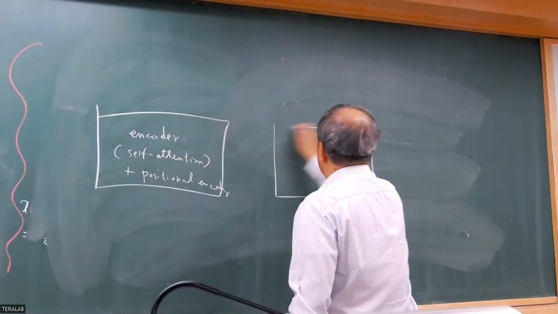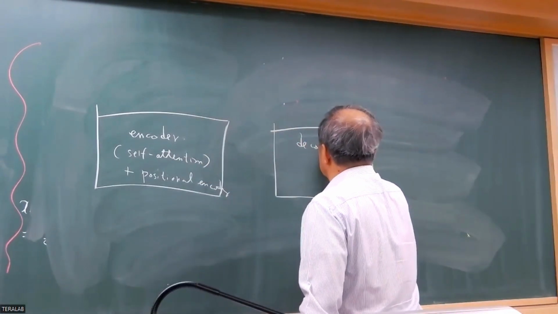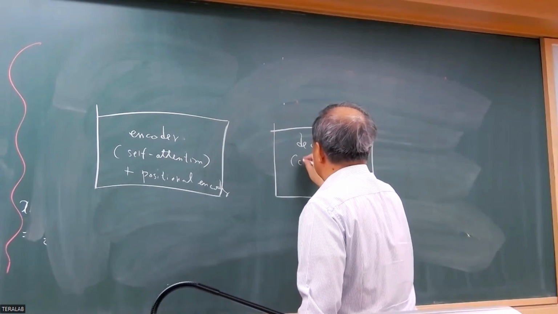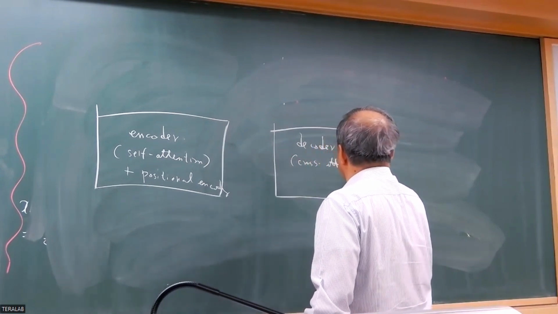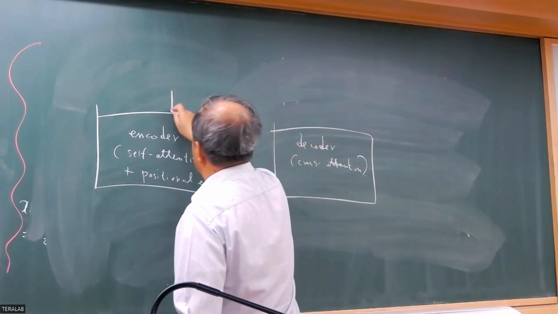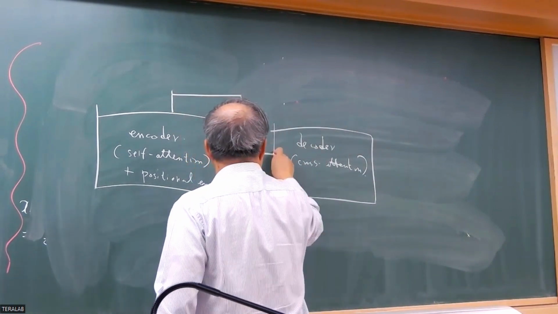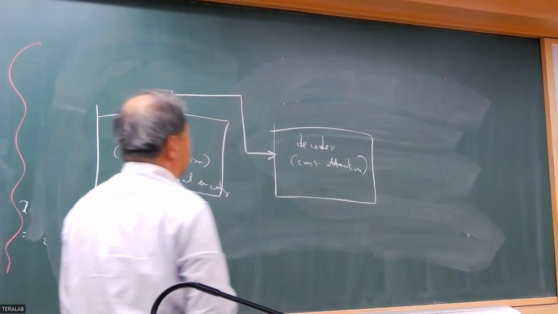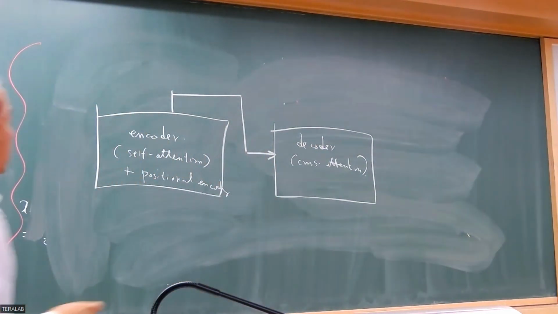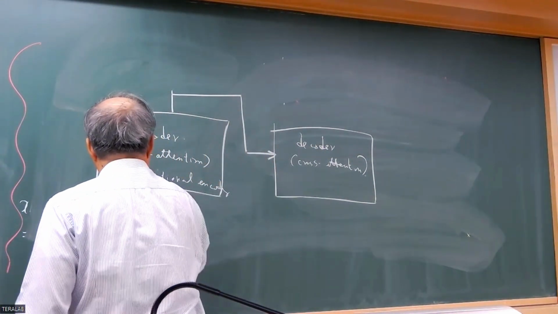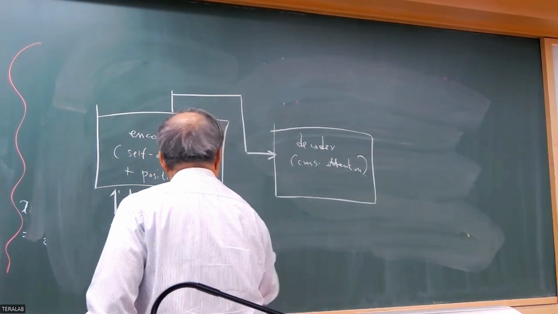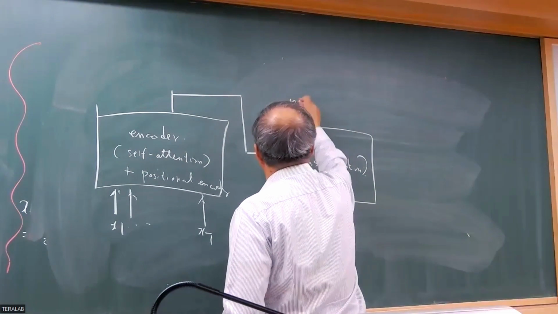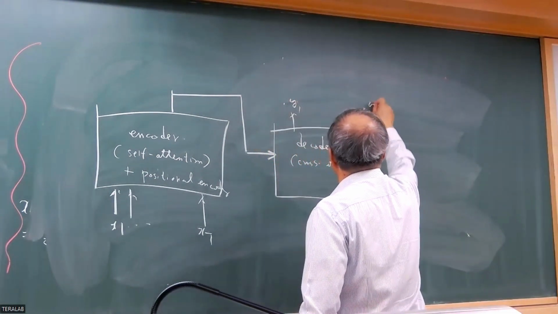We have a decoder with cross-attention, and the output of the encoder is connected to the decoder using the cross-attention. So we're going to have an input sequence x1 to xt, and the output sequence could be y1 to yt.